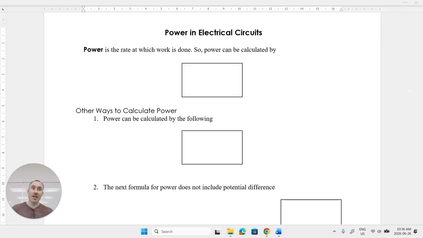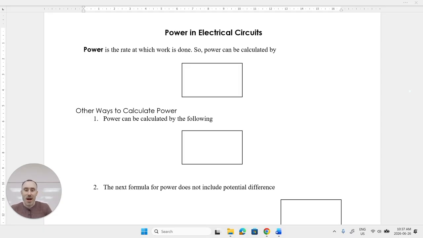Because it's transforming electric potential energy into light. And the faster it can do that, the brighter your light bulb will be. So power is the rate at which energy can be transformed from one kind to another. And we're going to talk specifically about changing electric potential energy into something else, whether it's sound or light or heat or what have you.